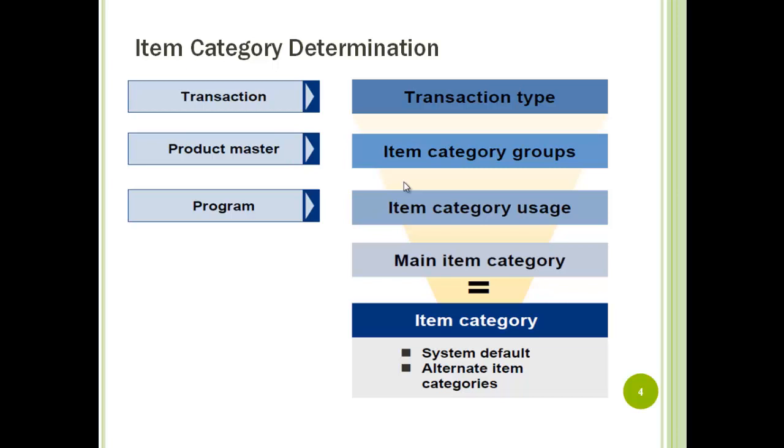In those scenarios, the main item category comes into the picture. If we don't have it, then it's not needed. So based upon your transaction type, your item category group, your item category usage and main item category, your item category in a transaction is determined.